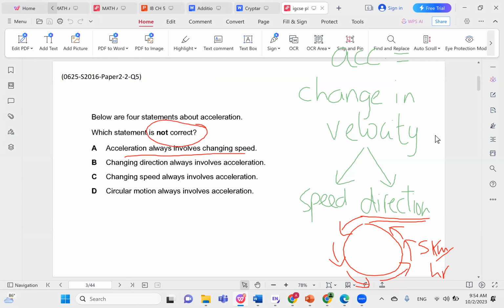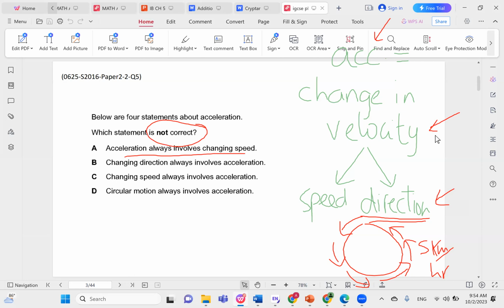Just for learning purposes, let's go through B, C, and D and discuss why they are correct. So for B, it says changing direction always involves acceleration. Let's go back to our diagram. If my direction changes, then my velocity changes, which means that I'm accelerating.